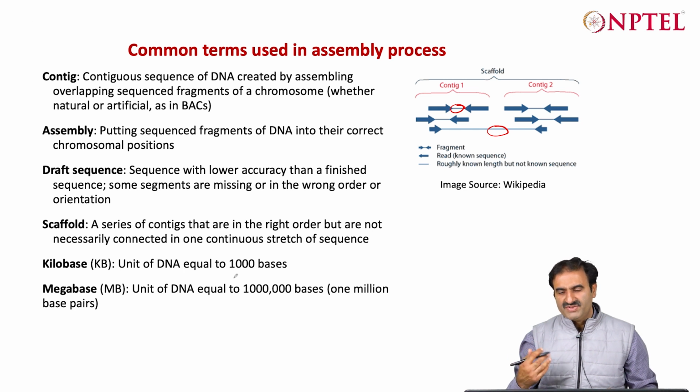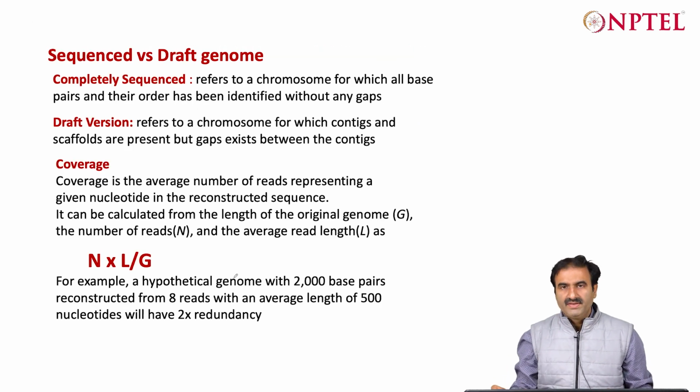Then you call a genome completely sequenced only when you have the identity of each and every base pair and also their relative arrangement on the chromosome. So that is a completely sequenced genome. A draft version is when some pieces are missing, and you can also have multiple draft versions.